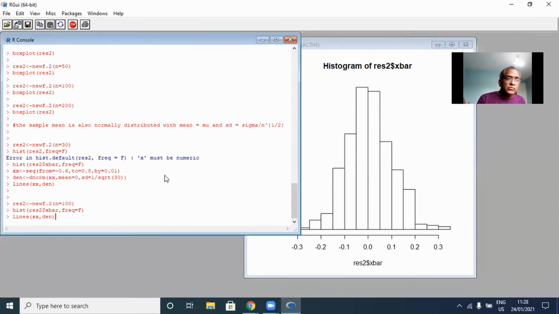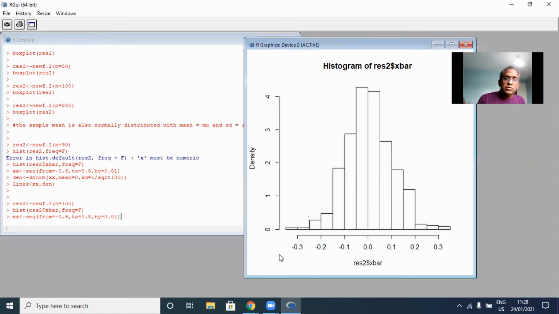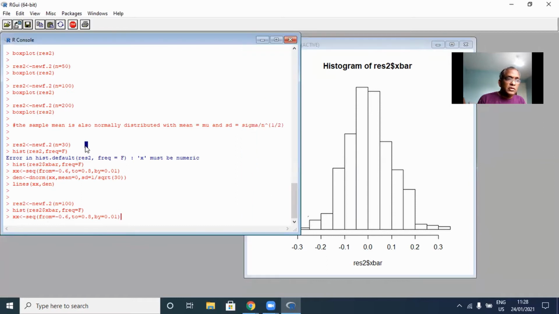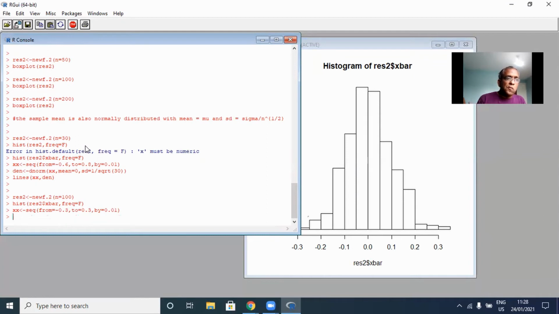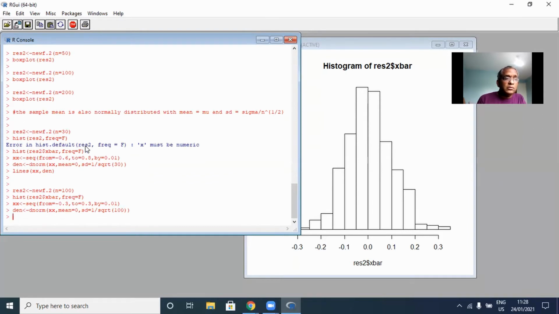Then you define the x values from minus 0.3 to plus 0.3. And then you compute the density at mean equal to 0 and standard deviation sigma by root of n, so 1 divided by root of 100.